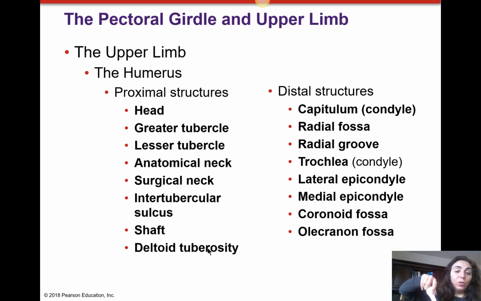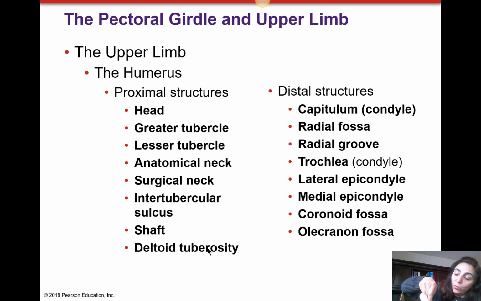One smaller one here, we call it lesser tubercle. And if you look between these two, you see a groove, right? This groove is called intertubercular groove. Inter means between, right? Between the two tubercles.